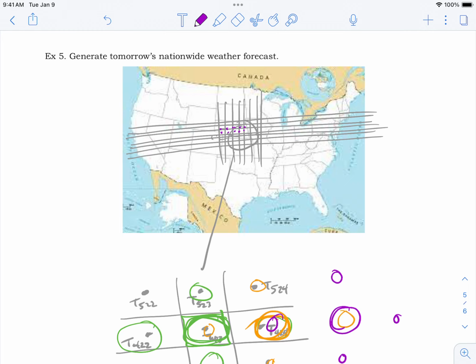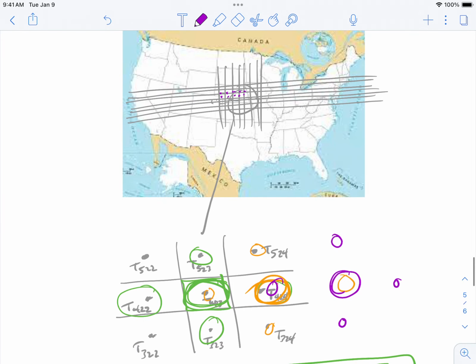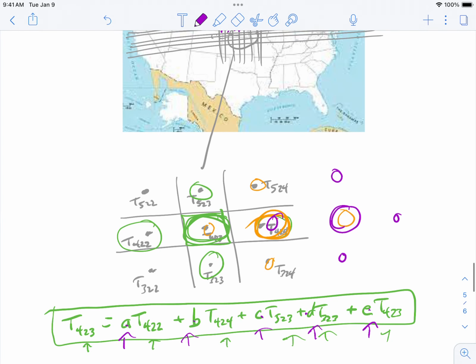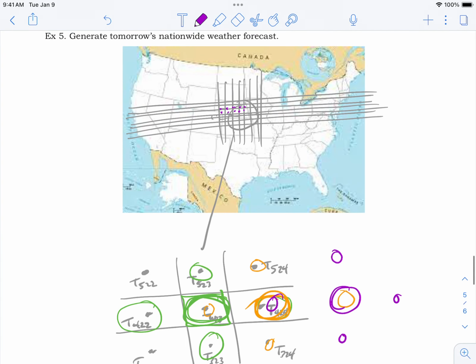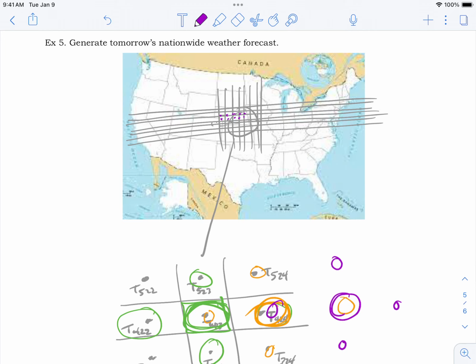The other thing I would want you to take away is, if someone tries to impress you by saying, the scientific models show, keep in mind that scientific models involve a lot of guesswork. Like I say, there's a lot of guesswork that goes into coming up with what is the real value of A, B, C, D, and E for this locale, and what is the real value of A, B, C, D, and E for that locale, and so on. So it's an art as much as it is a science.